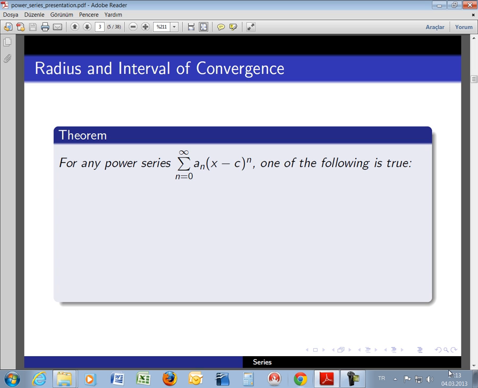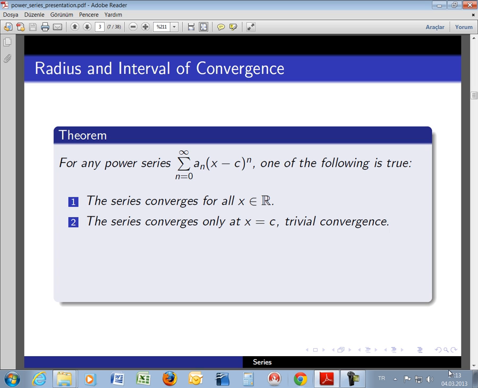For the convergence of power series, we have a basic theorem which says that one of the following is true for a power series. Those are that the series converges for every x in R, that's for all real numbers, or the series converges only for x equals c, which is called the center of convergence, and this convergence is called the trivial convergence.